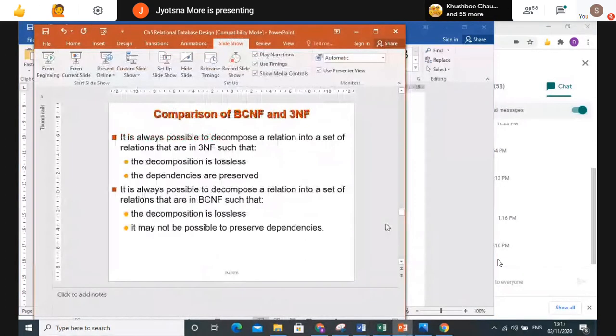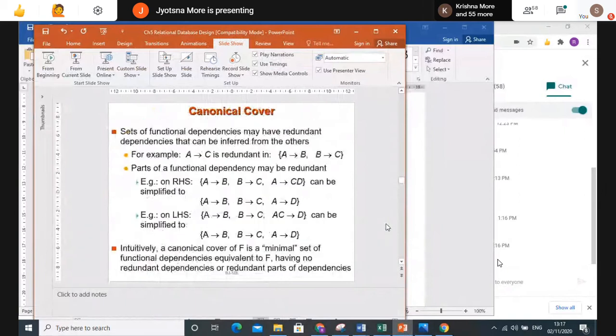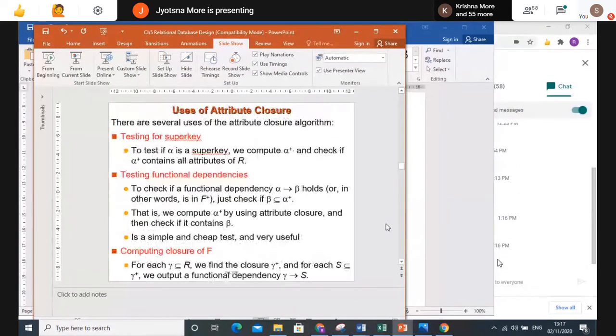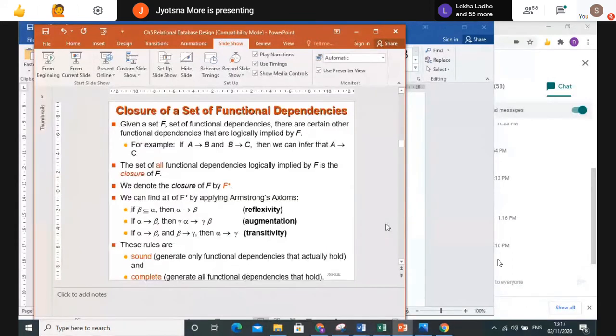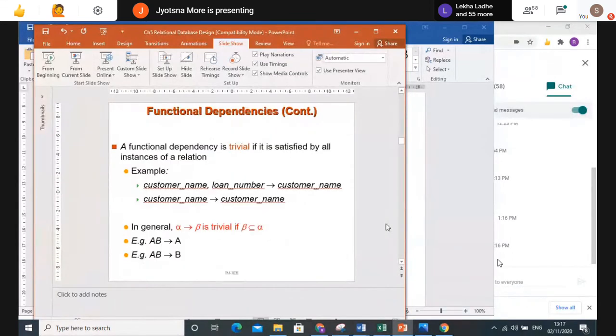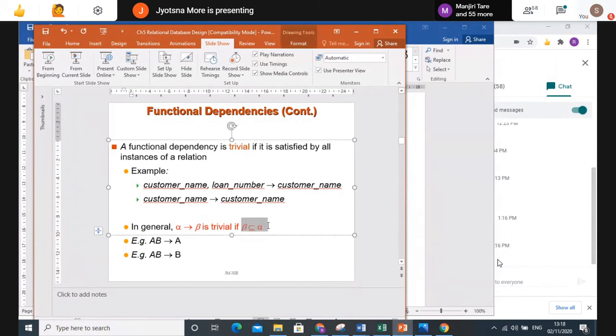The trivial functional dependency form is alpha determines beta, where beta is a subset of alpha.